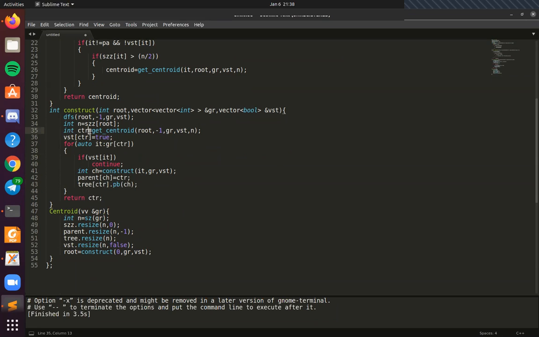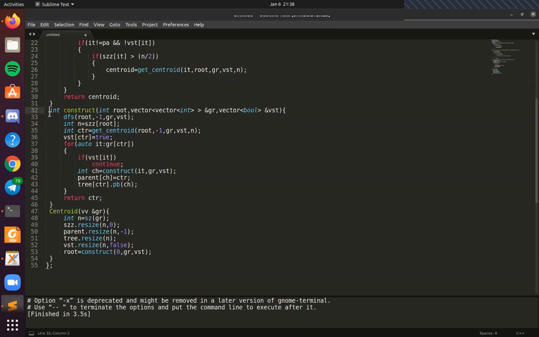So this is the main centroid CTR, and CH is the centroid of the child, and I am pushing the vertex into this to build the tree. And this is the parent array, so the parent of this is CTR, and it returns the centroid.